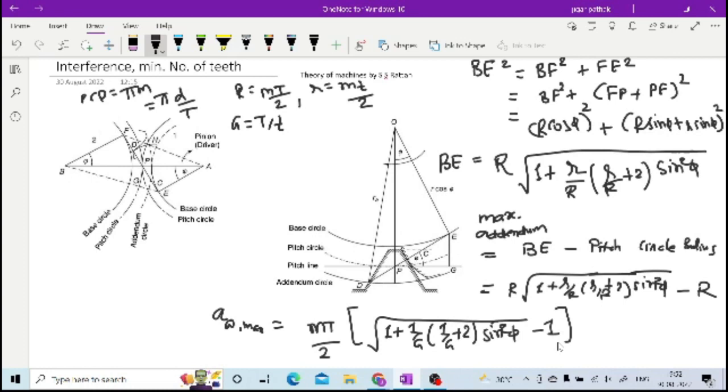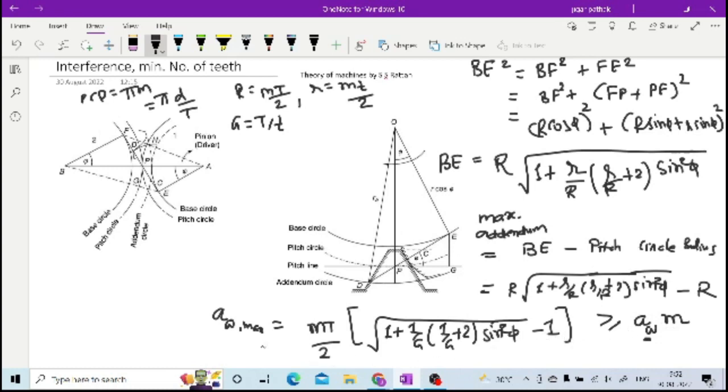Now if you consider any multiplier of module for the gear which you are manufacturing, it must satisfy AW into M. AW is any constant which your manufacturer is using and multiplying with module in order to generate the addendum circle of your gear, right?